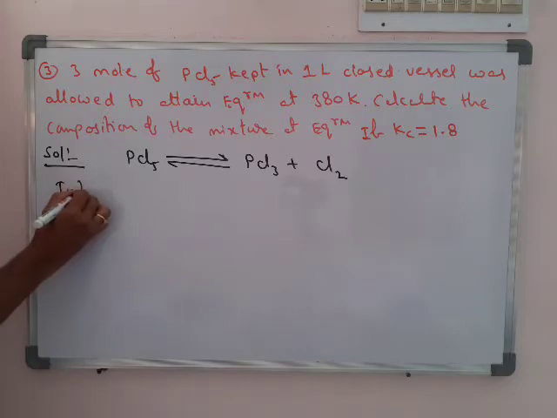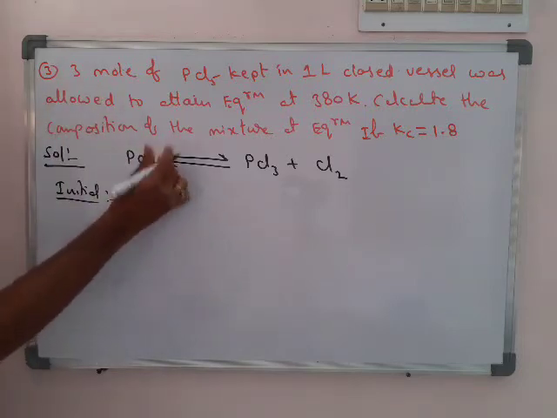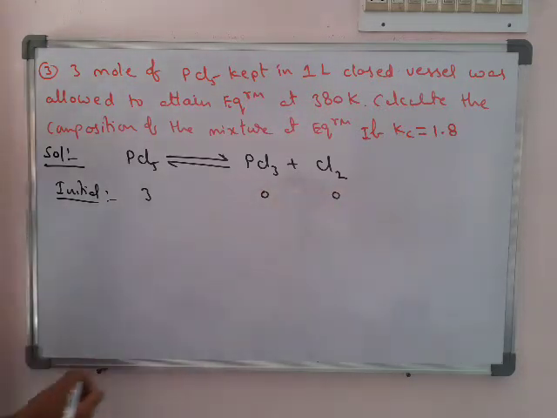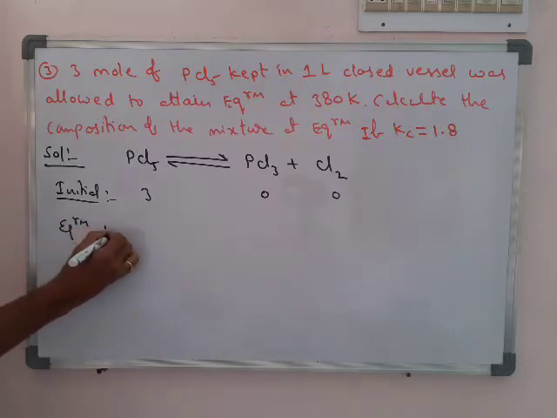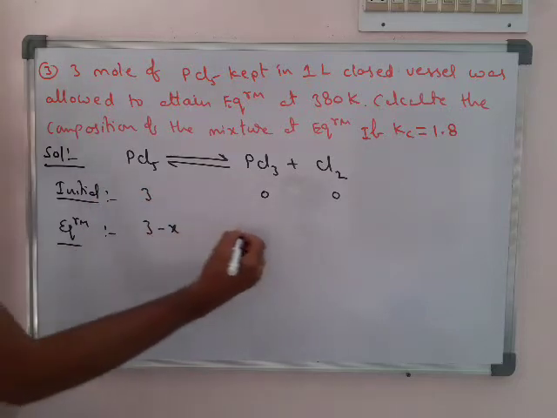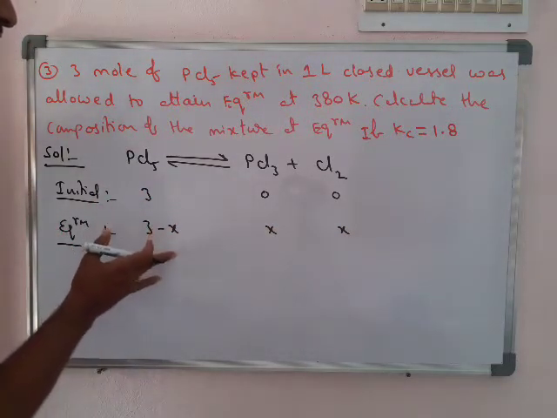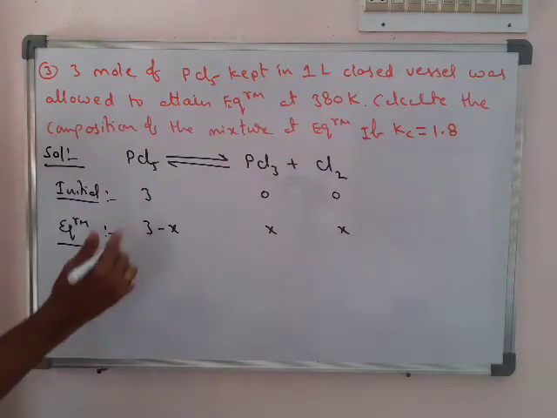So what takes place initially? Initially 3 moles of PCl5 are taken, and no products are formed. At equilibrium, we have to write the general step: 3 minus x, x and x. 1 mole gives 1x, 1 mole gives 1x.